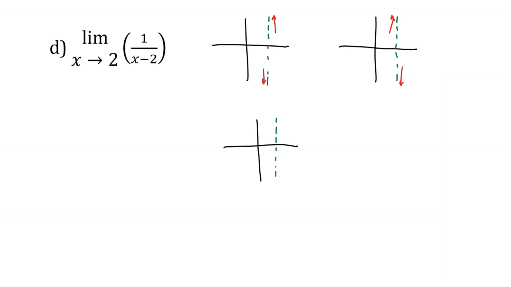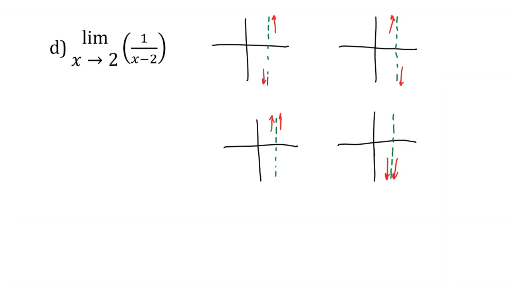But let's just, for example, say a different rational function could have approaching from the right going up and approaching from the left going up. And then finally, approaching from the left going down and approaching from the right going down. So those are kind of our four options.